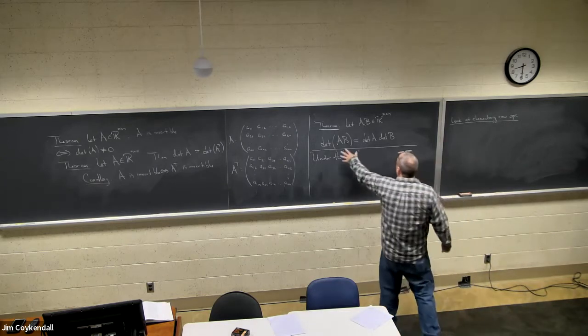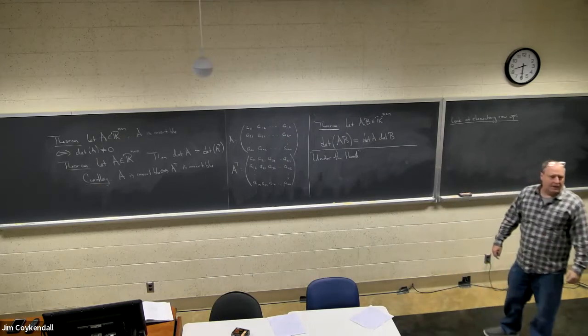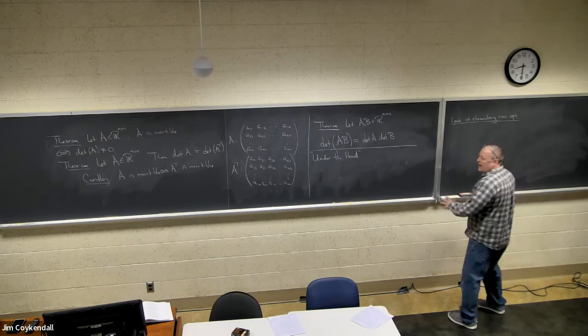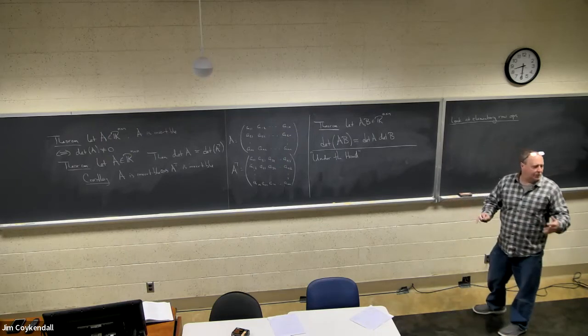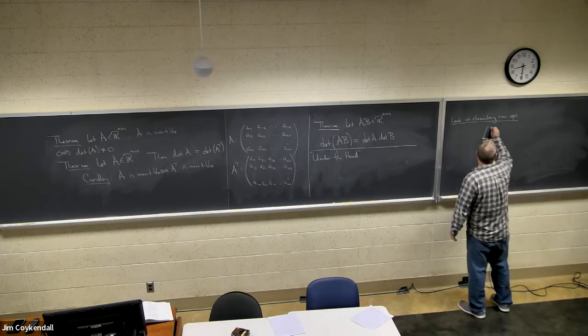This goes a little way to explain how elementary row operations work, if you believe this in the first place, because suppose, I'm just going to do a 3 by 3 example so we can wrap our heads around it.